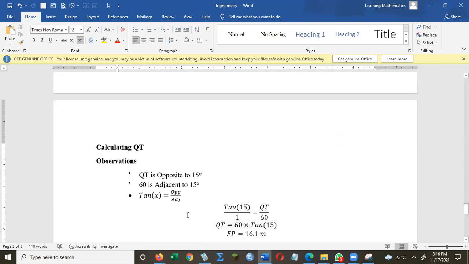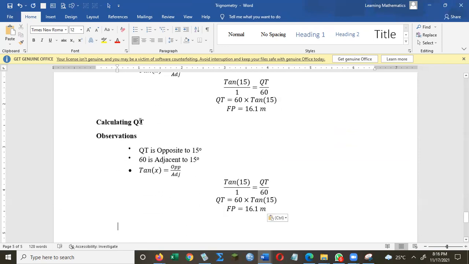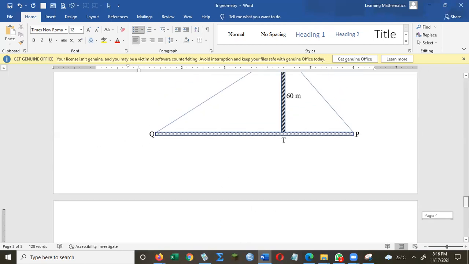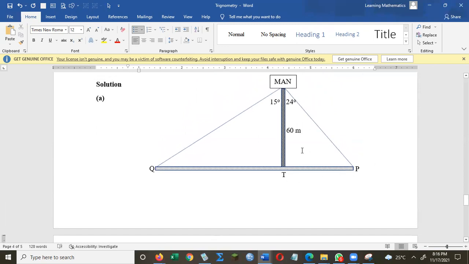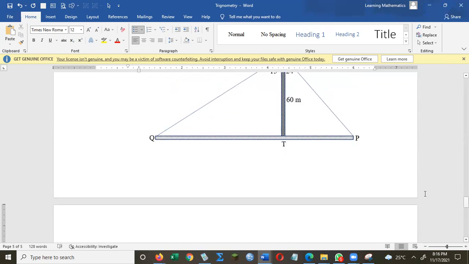So we're going to do the same process, calculating PT. Let's copy this. It appears to look like tan again. PT is opposite to 24 degrees. PT is away from 24. The 60 meters is adjacent to 24. So 60 is next to 24.